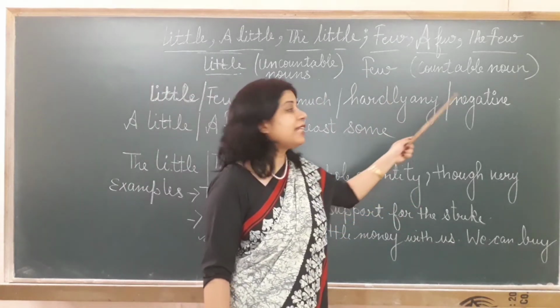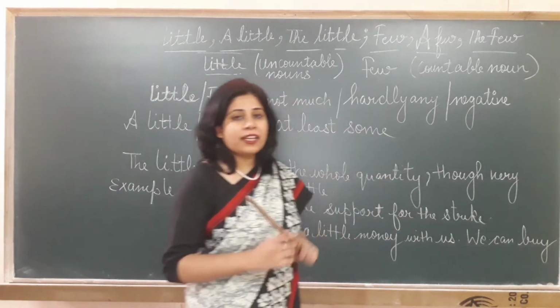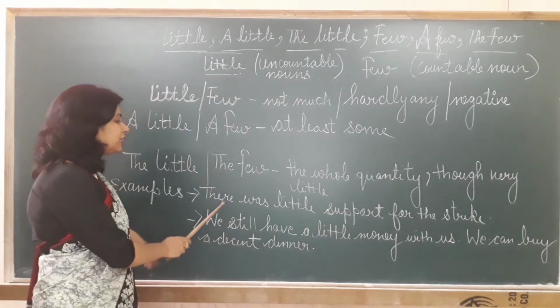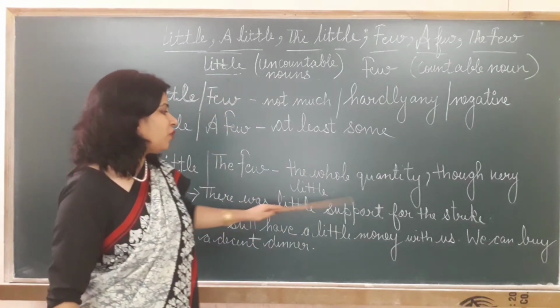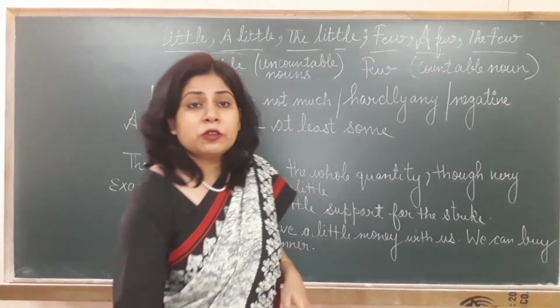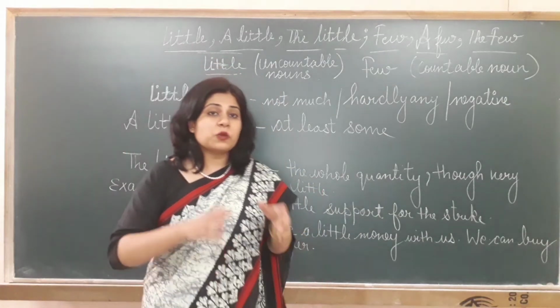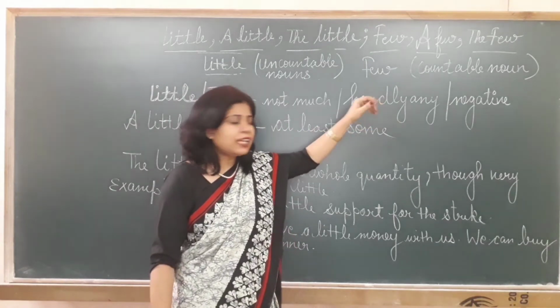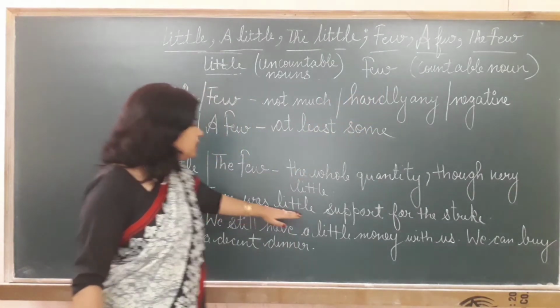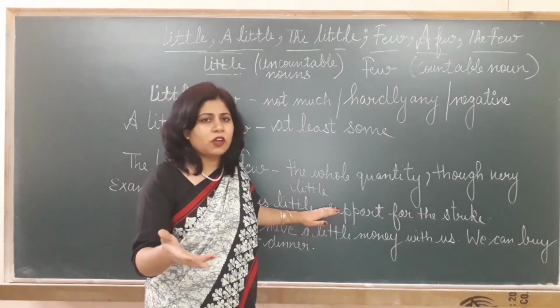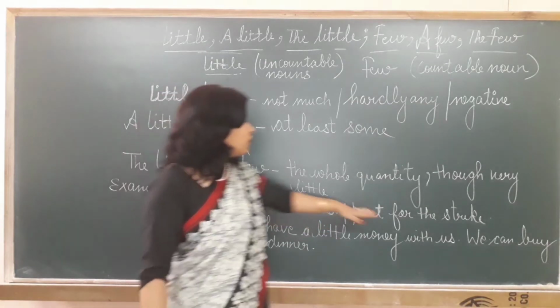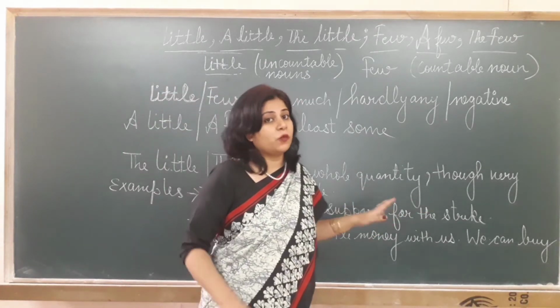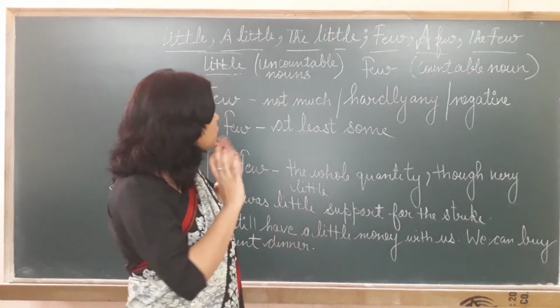They are used in negative sense. For example, there was little support for the strike. Now through this sentence, the speaker wants to convey hardly any, negative in sense. There was little support, not at all supported for the strike. So through this sentence, the speaker wants to convey that there was no support.